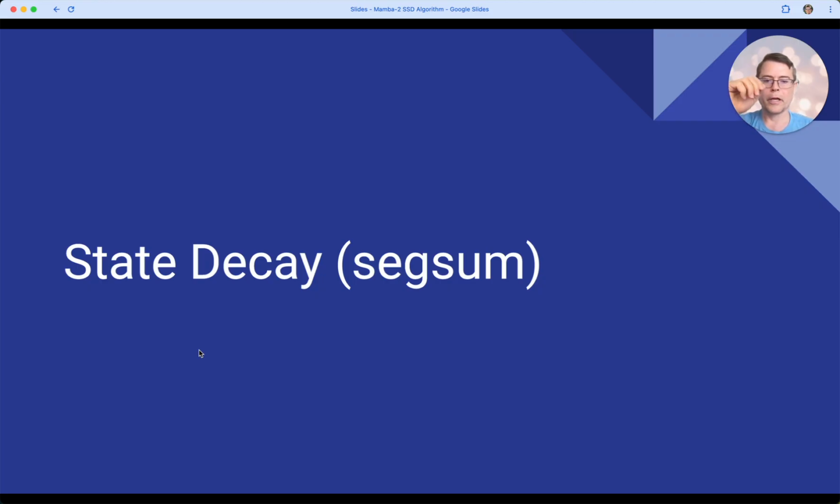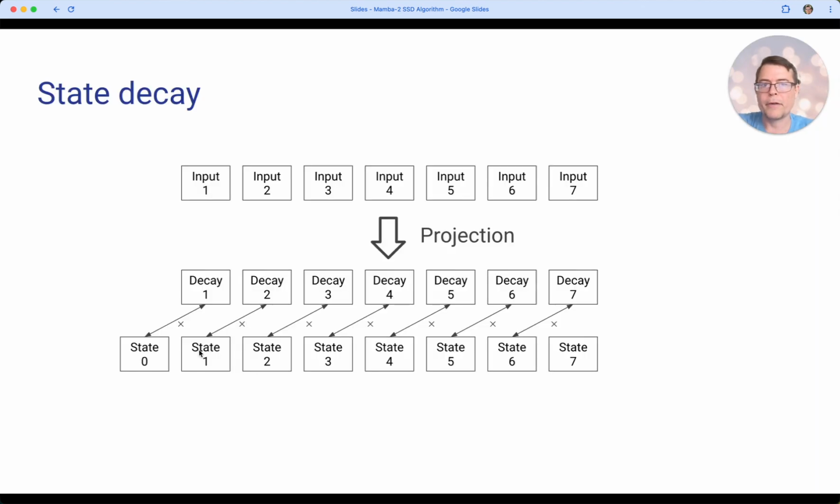And so if you're trying to do this in parallel, you want to be able to take the state from a long time ago and add it to the state from a little while ago, and more recently, kind of that whole sequence, and calculate what the current state is based on multiplying decay factors times each of the intermediate states. So that's effectively what we're doing.